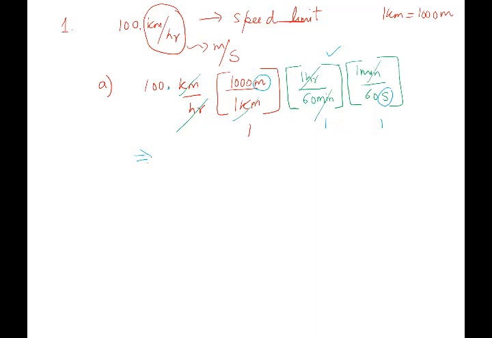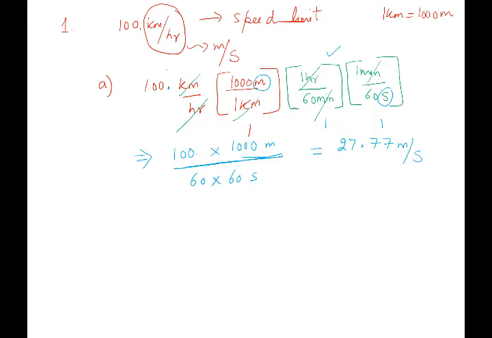So to find the answer in meters per second, we now go ahead and write all these quantities. 1000 meters, whole divided by 60, multiplied by 60 seconds. You put all these numbers in the calculator and you will come up with a number. You write down 27.77 meters per second.